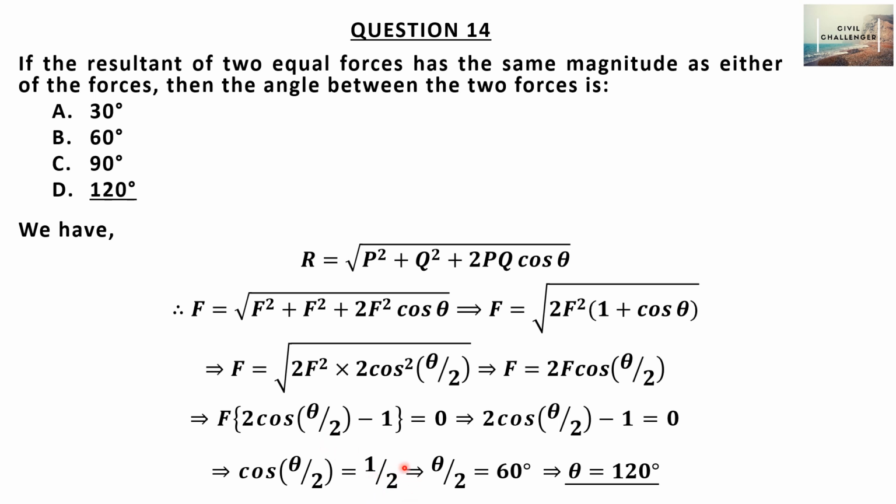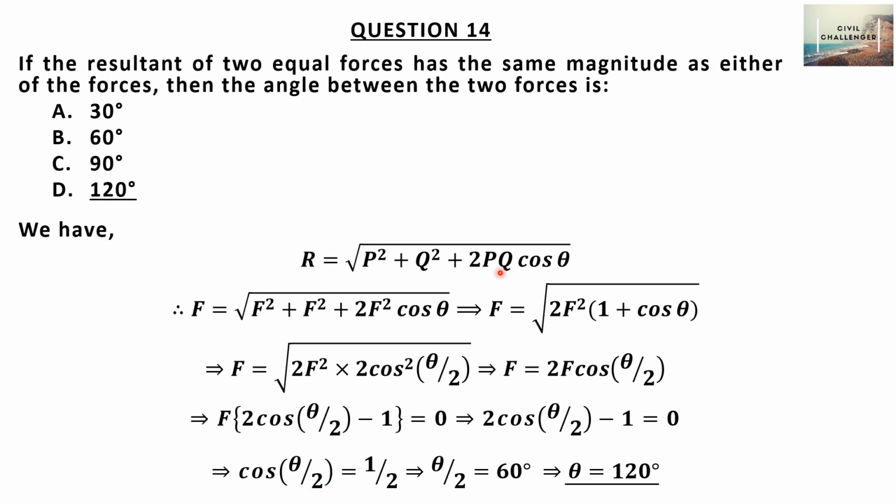Now cosine of 60 degree is 1 by 2. Therefore we can say that theta by 2 is equal to 60 degrees, if you are considering 0 to 180 degrees, because the angle between two forces can be any angle between 0 to 180 degree.